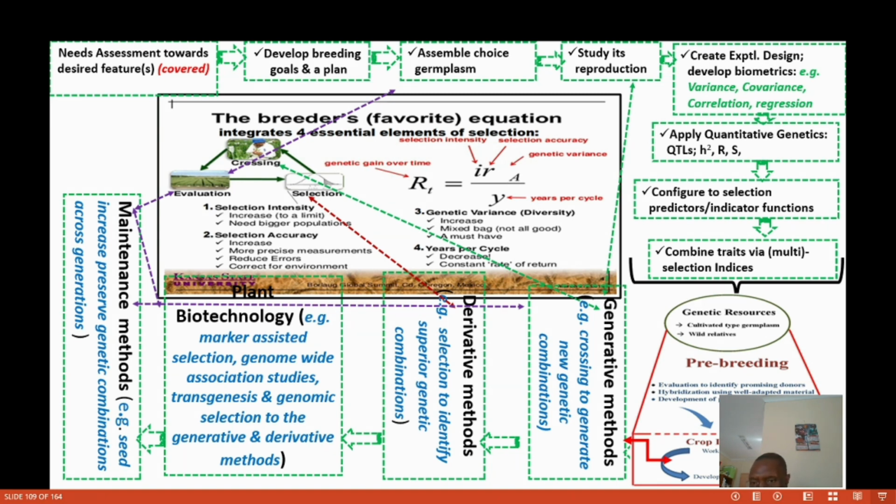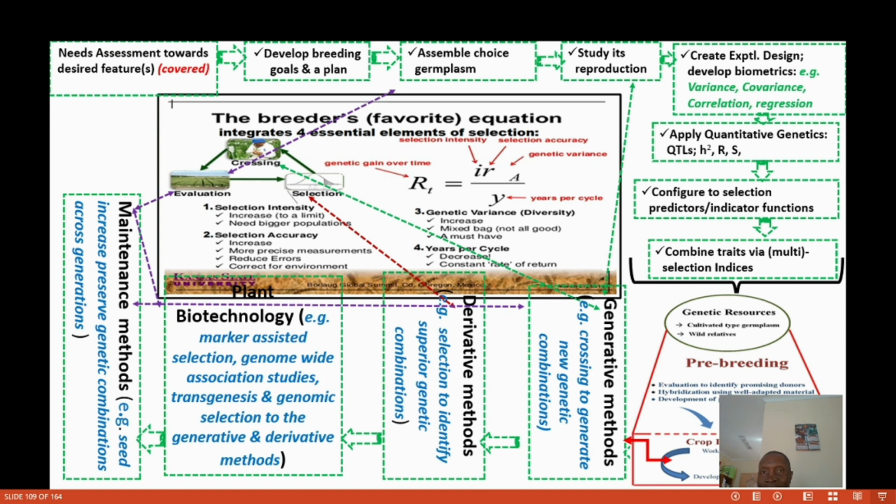And that can go on for a long time, up to a point where you are looking at combining traits that are of interest as a response to the needs assessed. And obviously, here, the starting materials are genetic resources, which you need to assemble.